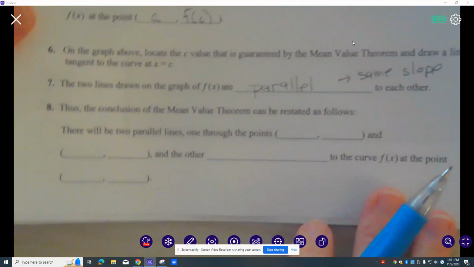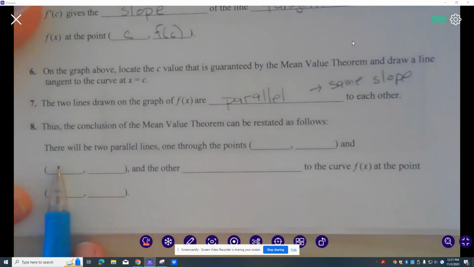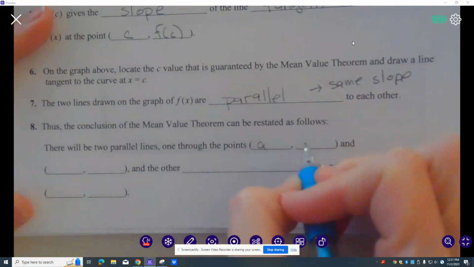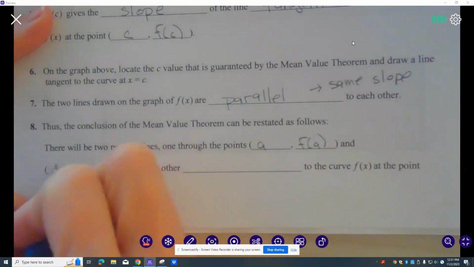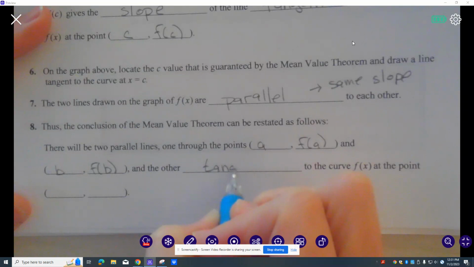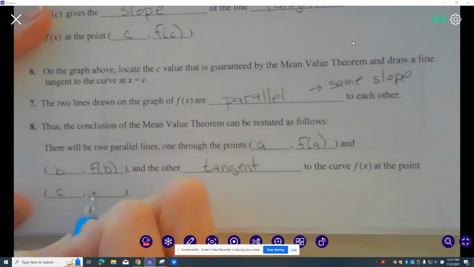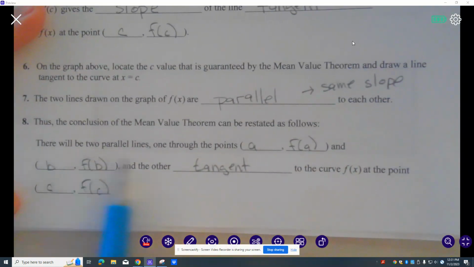So it says, thus, the conclusion of the mean value theorem can be restated as follows. There will be two parallel lines, one through the points, this is the algebra 1 slope, A, f of A, and B, f of B, and the other tangent to the curve, so that's your tangent line, tangent to the curve at the point C, f of C. Parallel lines, which means they have the same slope.